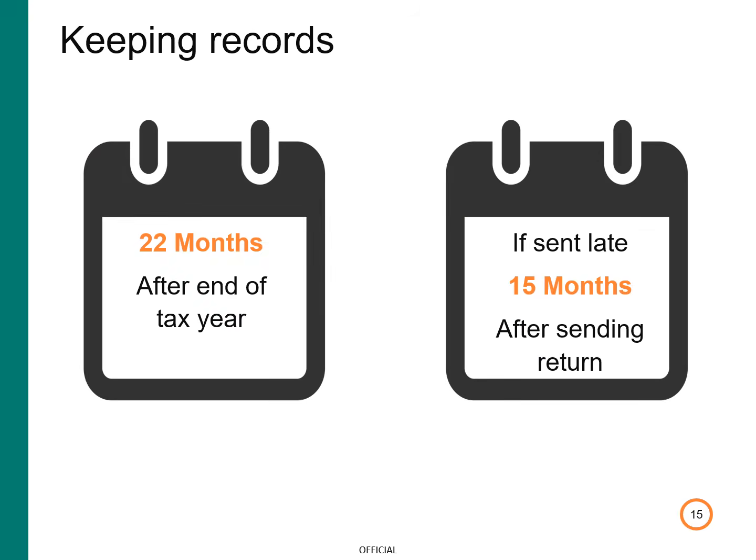You need to keep these records for at least 22 months after the end of the tax year. Business records must be kept longer. If you send your tax return after the deadline, you must keep your records for at least 15 months after sending the return.